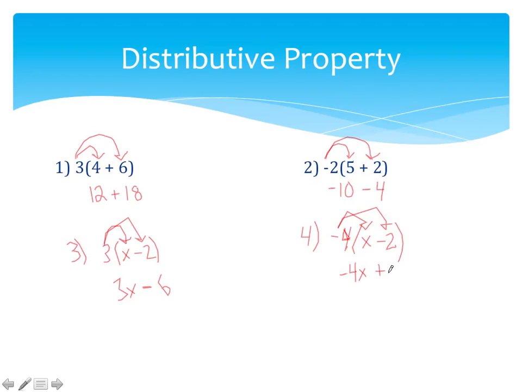So I'm going to write positive, and 4 times 2 is 8. All right, sometimes this is another special instance that you'll see. And then we're going to give you a couple to try on your own.